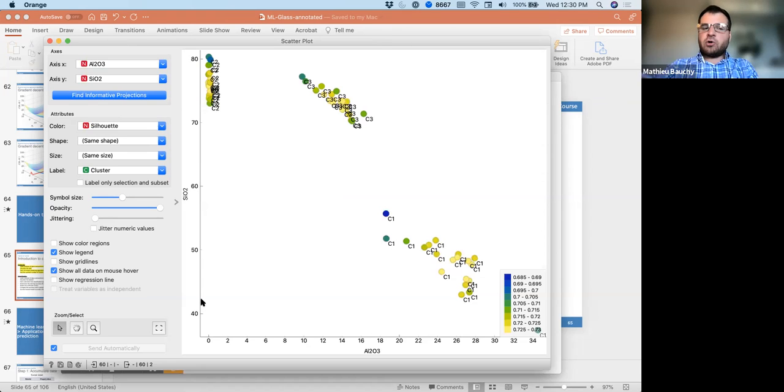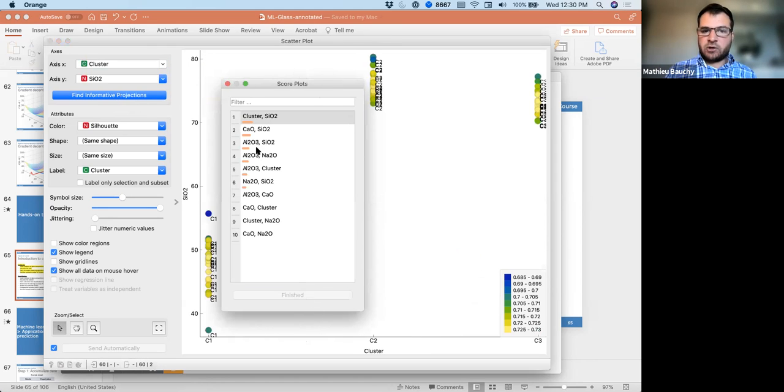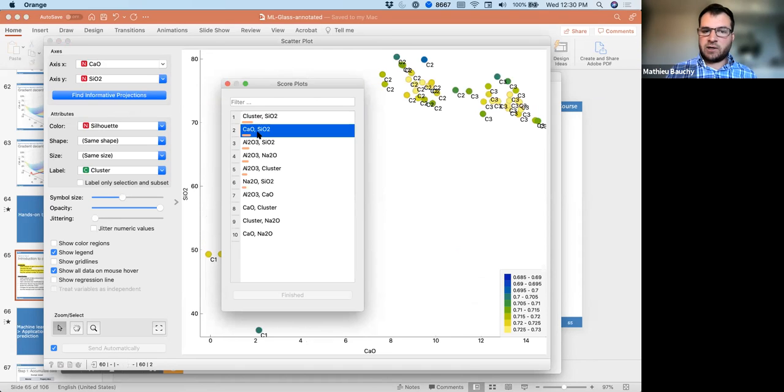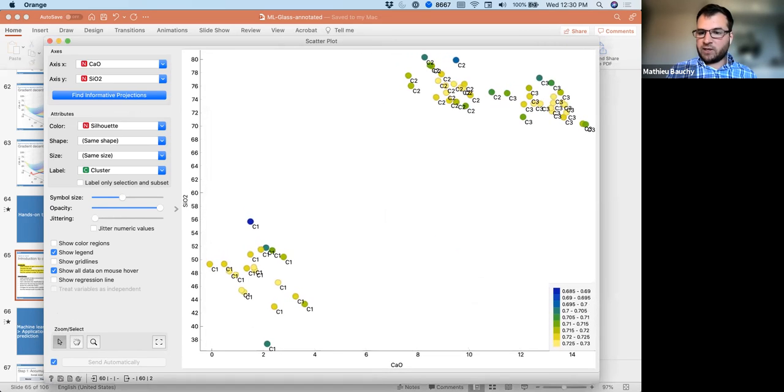If you do not know what the best variables to use are, one thing you can do is to use this option called Find Informative Projection. When you do that, what Orange is going to do is tell you what it thinks are the best variables to look at your data. And for example, here, it's telling you that using CaO on the x-axis and SiO2 on the y-axis is a good way to separate the data.